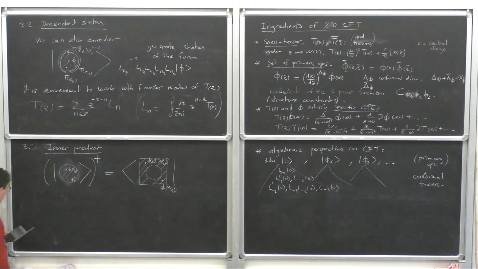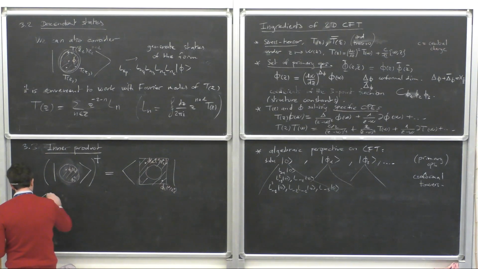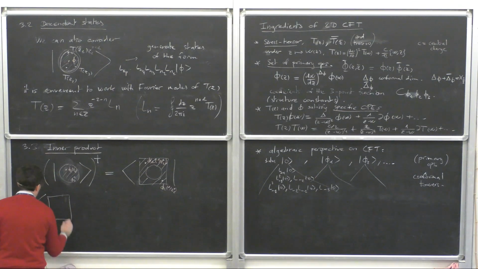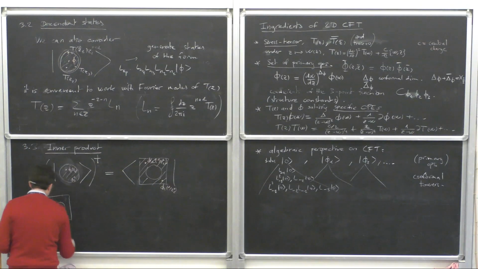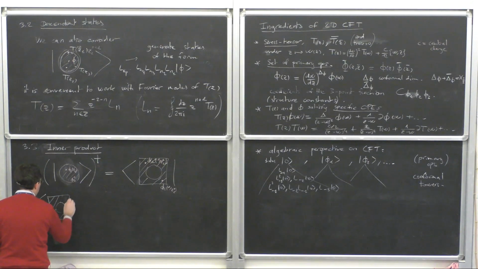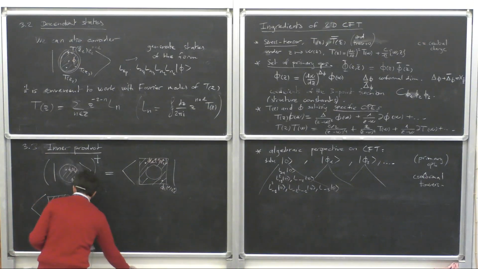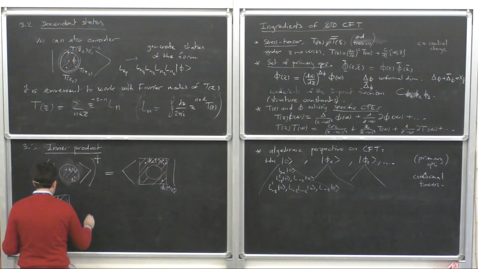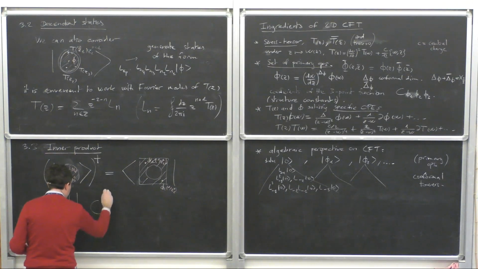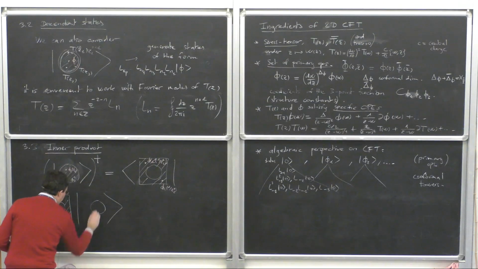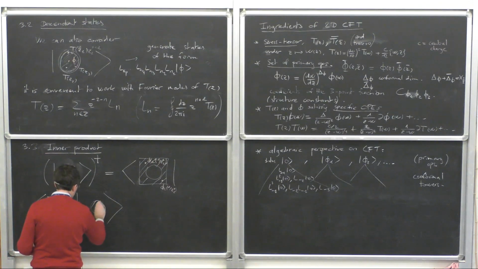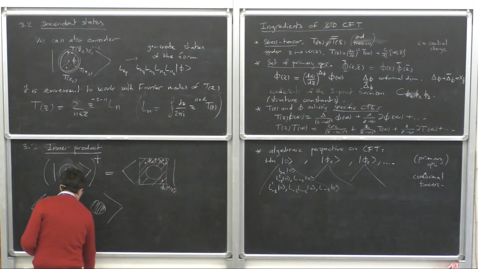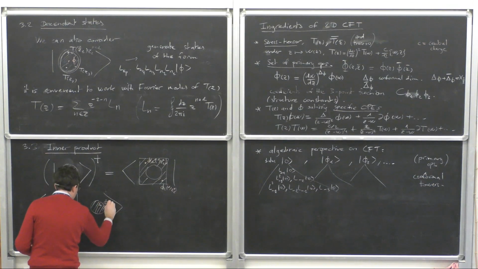So why do we do this? Because this makes sense, because then we can compute things like that. The inner product between a state that would correspond to this, integrating out all these degrees of freedom with insertions of, for instance, some fields phi3, phi4, and this guy here with some other insertions, phi1, phi2.